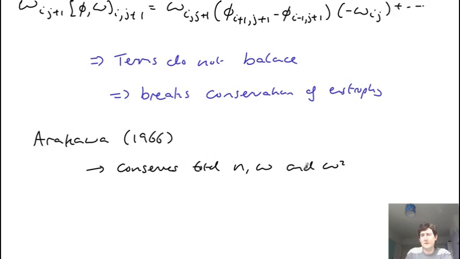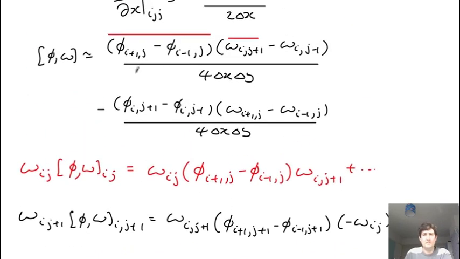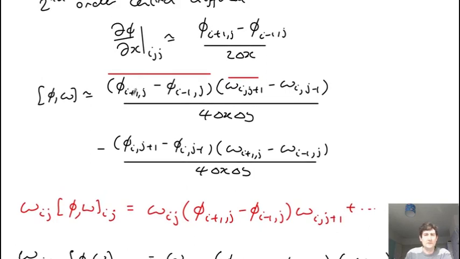This is done by essentially combining this expression we wrote down here, which is just using the cells to either side. So I have a cell in the middle, omega ij, and you're using cells to the right and left and up and down. This is one way of writing these derivatives, but you can also use these points over here, these corner cells.